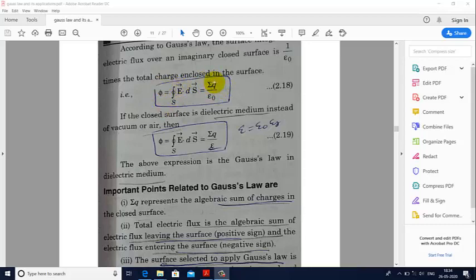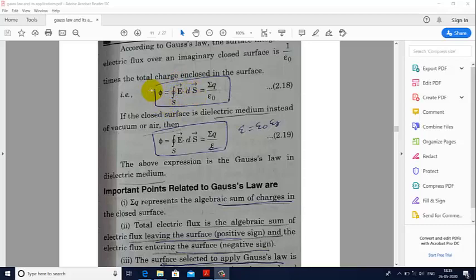So phi is 1 upon epsilon 0 times the total charge enclosed in that surface. So the formula for electric flux according to Gauss law is phi is equals to summation of Q upon epsilon 0. We already know that phi is equals to surface integral of E dot ds.